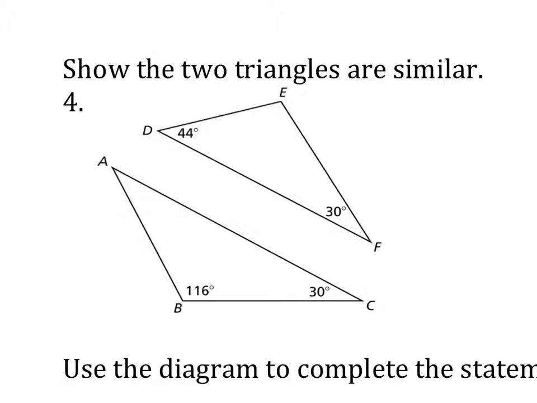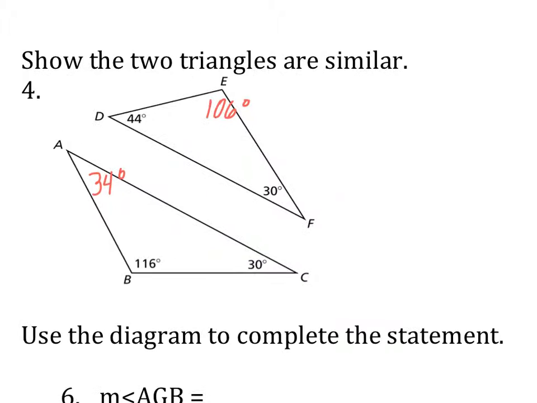Aiden, what's angle E? Luke, do you have angle A? I got 34 degrees. Okay. Are these two triangles similar? No, only one angle, you have to have two, so not similar.